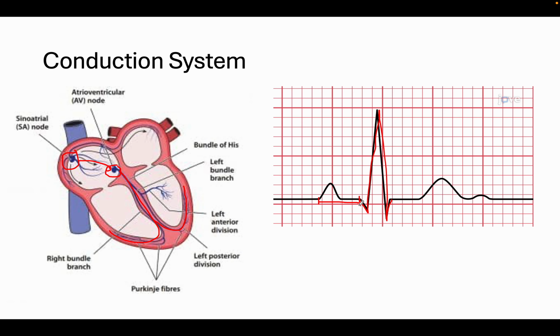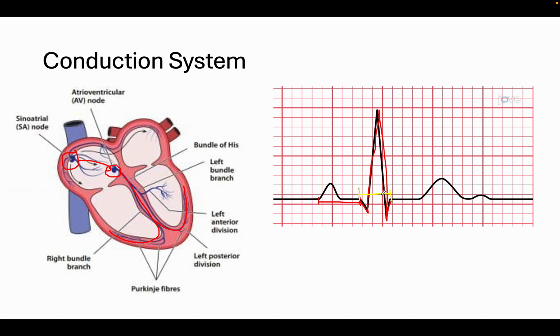One thing to note is that we have specific intervals that we should be aware of. We should know how to measure the QRS width. If I get a different pen out. So the QRS width is measured from the beginning of the Q wave to the end of the S wave, and that should be no bigger than 3 small boxes.